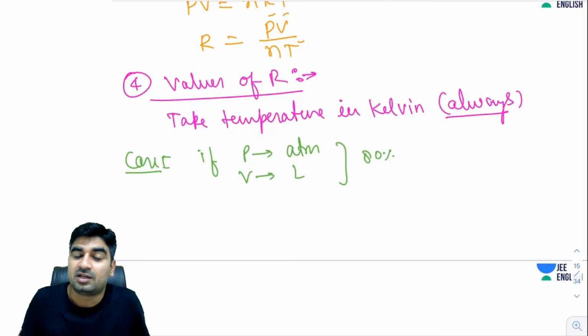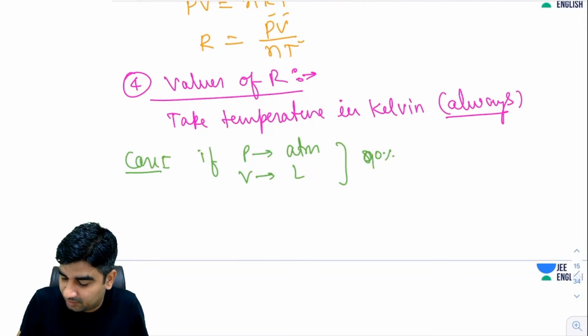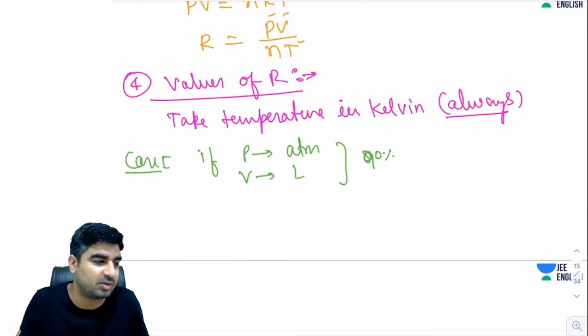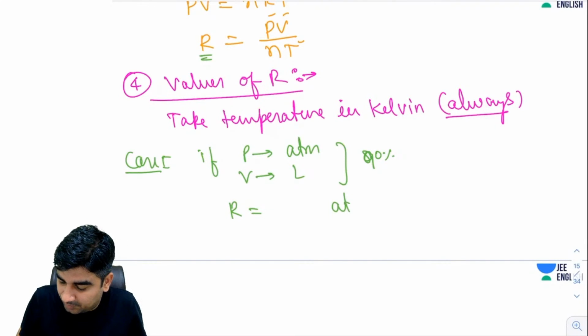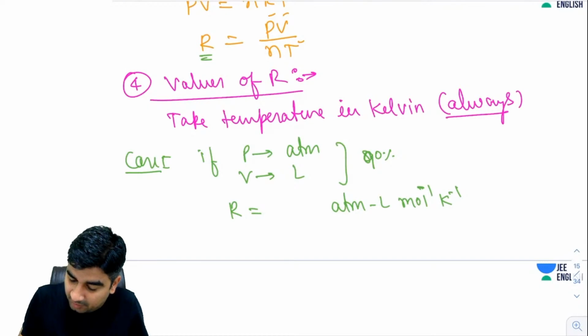You have to remember these units, not 80, actually 90% in gas state or in mole concept. So what will be the units of R? If pressure is in atm, then it will be atm liter mole inverse Kelvin inverse, and you have to take the value of R as 0.0821.